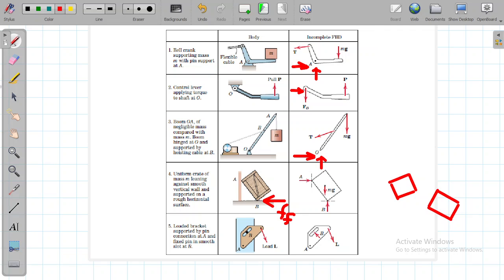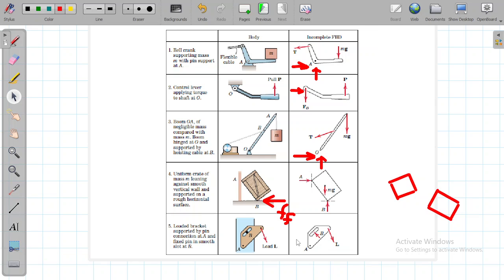Another example we have here is a loaded bracket supported by a pin connection at A and a fixed pin in a smooth slot at B. This slot means that the pin is able to move along the slot. It is basically adjustable. Since this pin cannot move vertically in this direction, it can only move around the space of the slot.